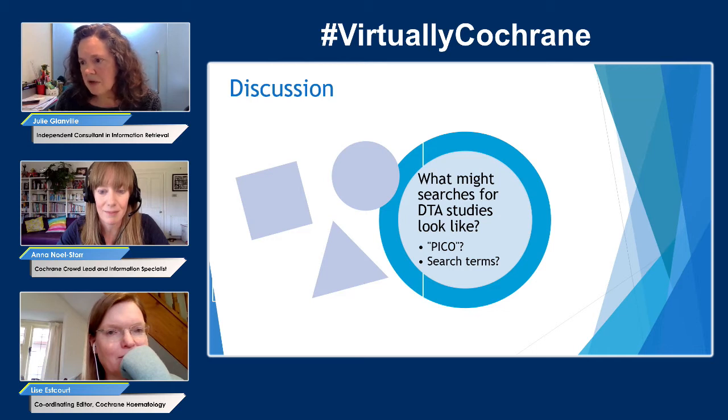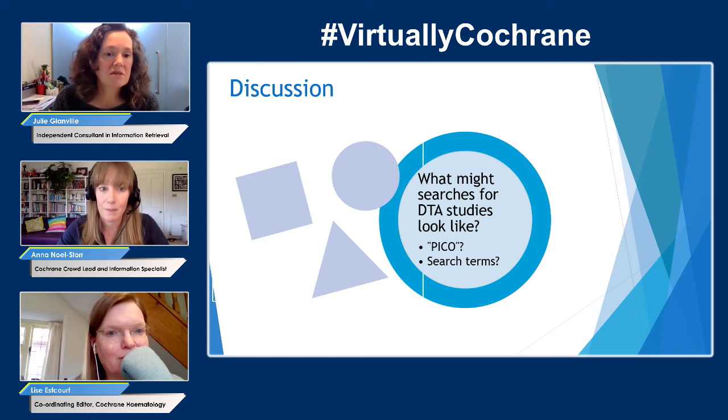Naomi Merriman is saying, research question: what is the test accuracy of the index test in diagnosing the contemporaneous condition? So I think that's a suggestion about how you would structure the question. And then Yorian Lehrmans is commenting that the search depends on the number of hits: start sensitive, but go more specific if necessary.